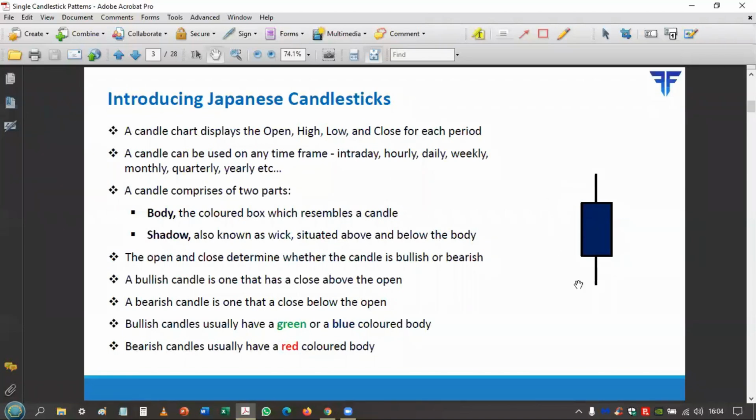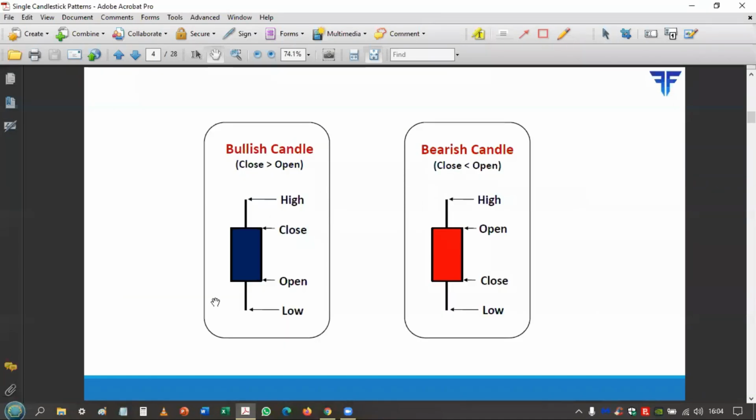Now let me briefly talk about the structure of a Japanese candlestick. This is how a Japanese candlestick looks like. A Japanese candlestick can be split into 2 types: a bullish candle and a bearish candle. As I said earlier, it shows you 4 different pieces of information, namely the open, the high, the low, and the close.